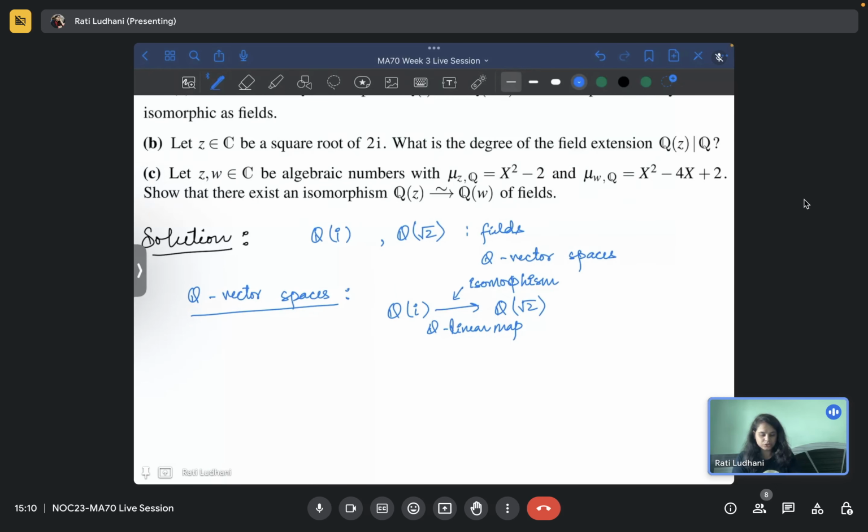So a Q linear map should be additive. Let's say this is phi. So phi of x plus y should be equal to phi of x plus phi of y. I can even generalize it. Let phi be a map from vector space V to vector space W over K, where K is the field over which the vector spaces are defined.